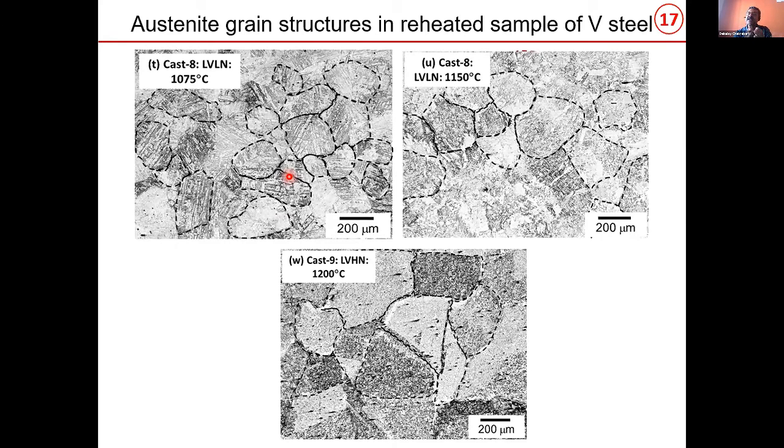And this can be dealt with, because we know that if grains are uniform but coarse, then if we apply heavy roughing deformation, the grains can be refined. But if the grain size variation is there, it is always expected to remain to a certain extent. So that is the problem that can happen in niobium steels if we are not careful.